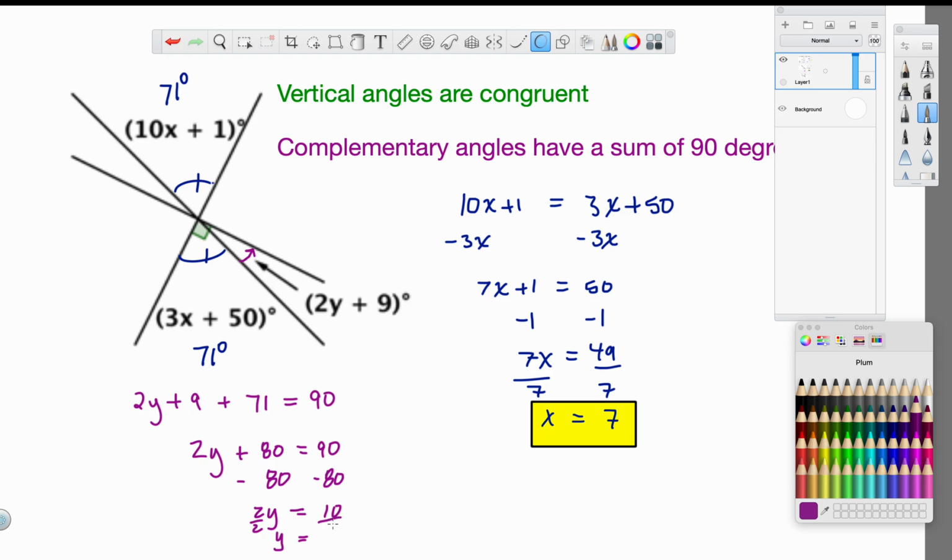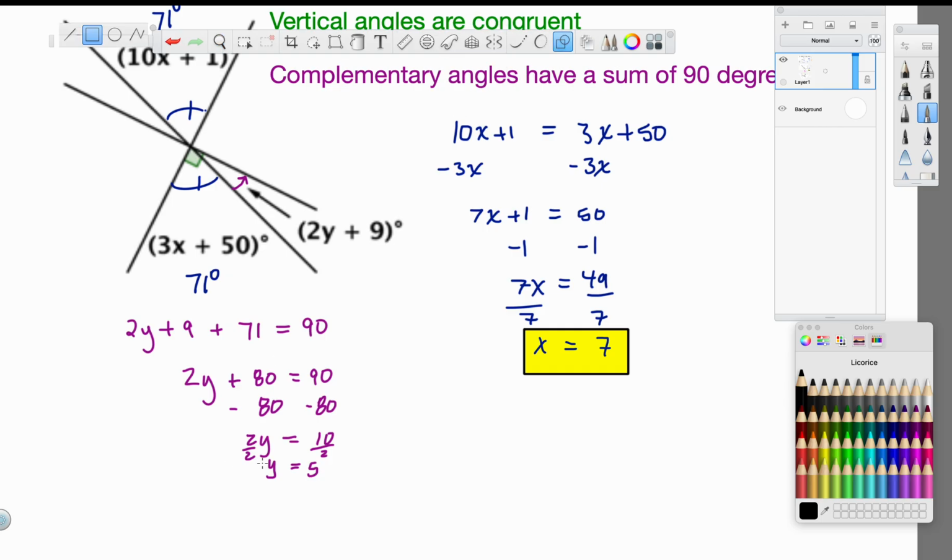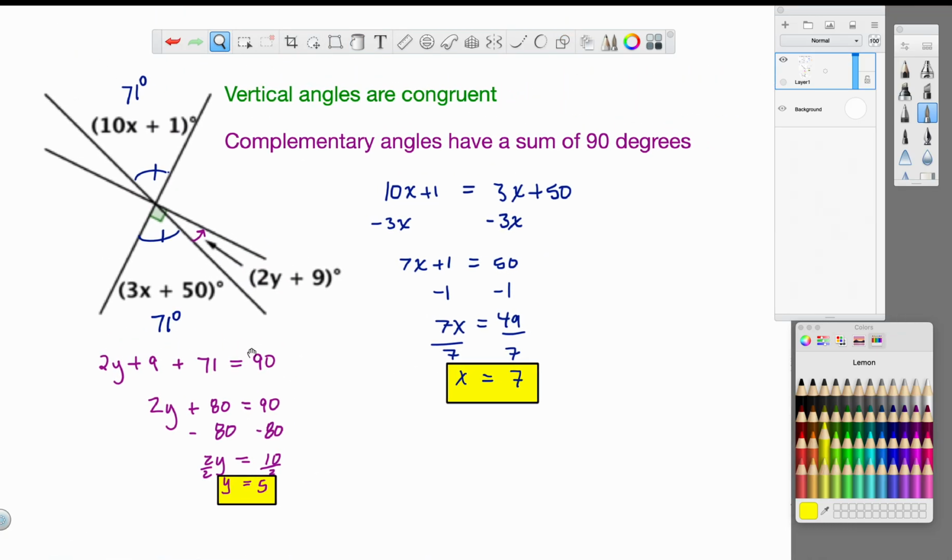Divide by 2, y is 5. Okay, that's done. Let's see, 2 times 5 is 10 plus 9 is 19. And 71 plus 19 degrees is 90.